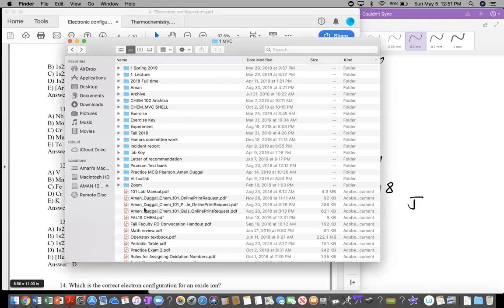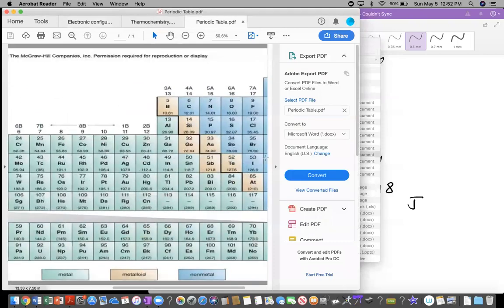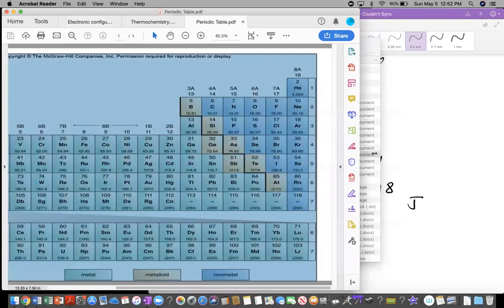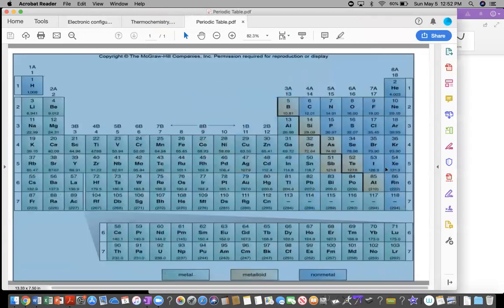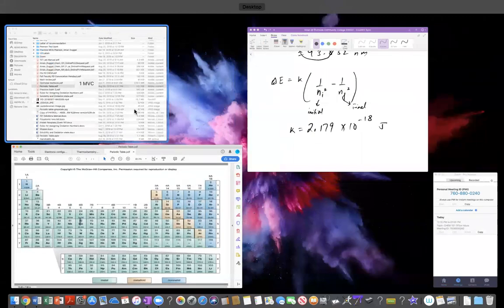Right. So krypton has 36, and this one has 6 more electrons. After krypton you go 1, 2, 3, 4, 5, 6. Molybdenum, Mo. So that is the answer.